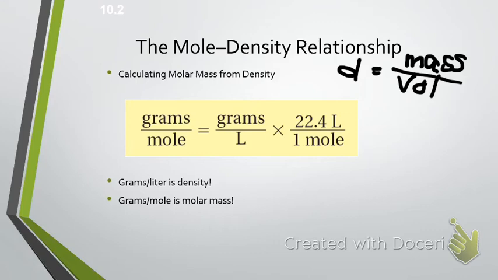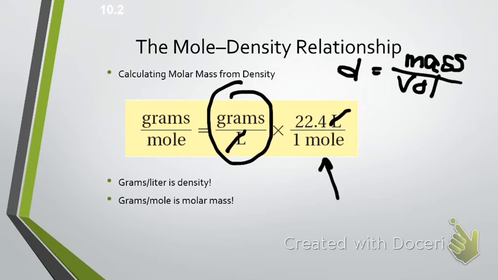So while we're talking about volume, let's talk about density, because density is mass per volume. If we use volume as liters and mass as grams, we have this relationship. What happens if we multiply that by our conversion factor for a liter of gas? We can cross out liters, and what's our answer but grams per mole?